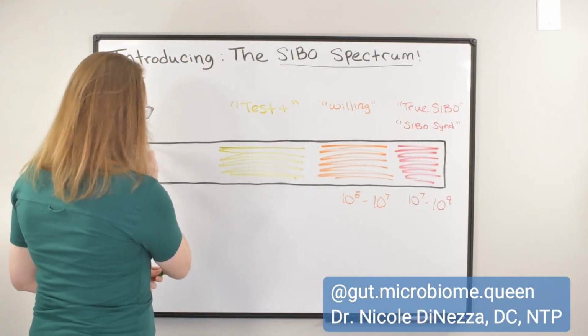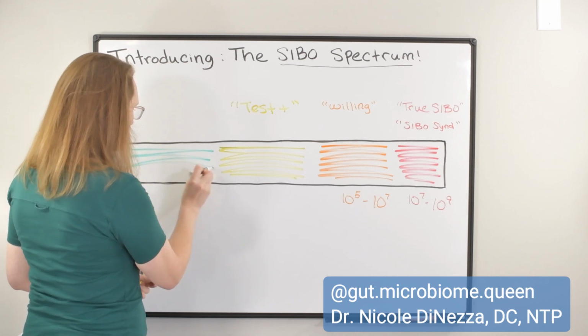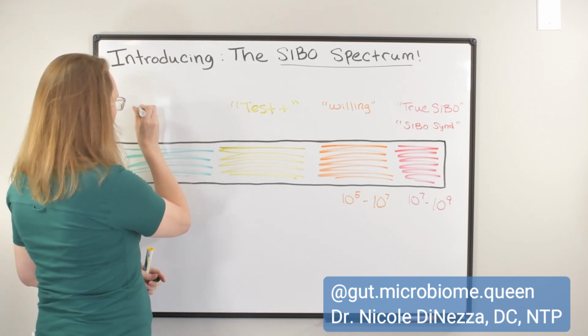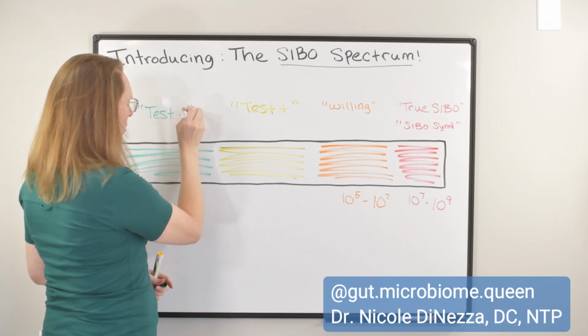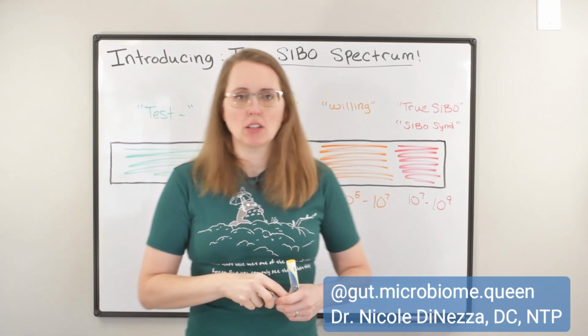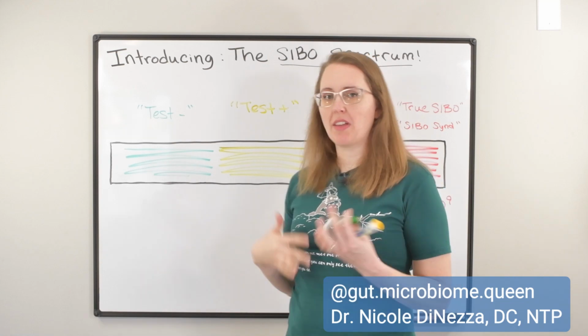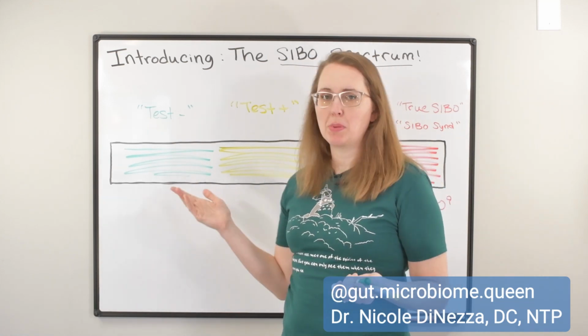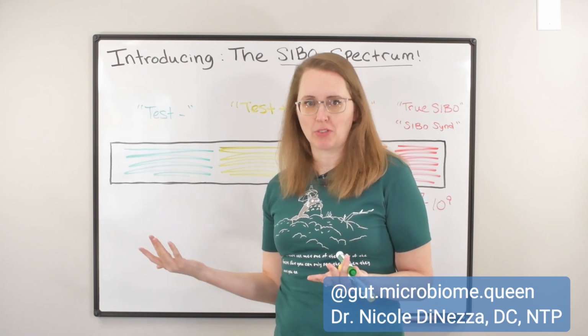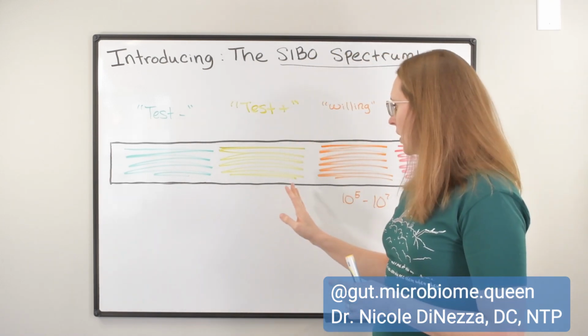And then finally, the last category, probably the most boring to a lot of you, is going to be the people who either have tested negative or they have not pursued testing. A lot of these people have been diagnosed with IBS, occasionally other conditions, but really it's going to be like the run-of-the-mill IBS sufferer. But here's the thing.